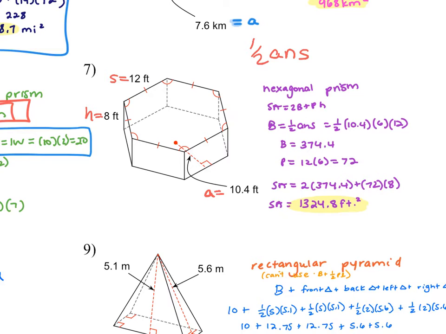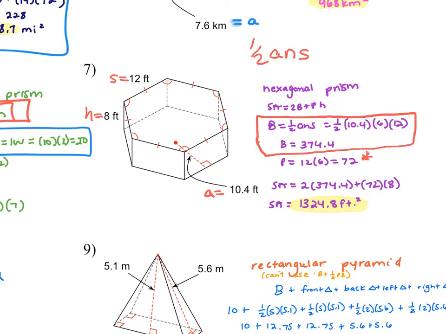So I'm going to first calculate the area of the base by using the 1/2 ANS. And then I get 374.4. My perimeter of my hexagon is going to be 12 times 6, because there are 6 sides in a hexagon, and I get 72.